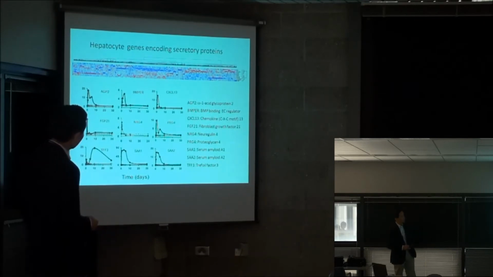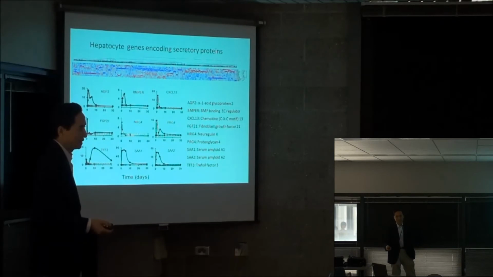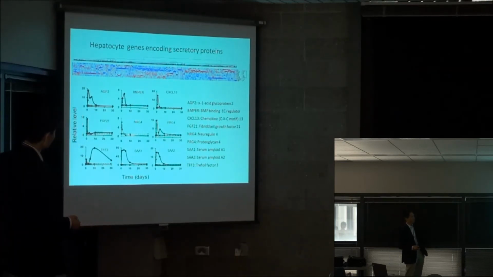So what we know about the functions of these proteins from literature is AGP2 is an acutely inflammatory protein involved in inflammation regulation, like when we cut our skin and get infection, AGP2 might be released from local cells and just mediate inflammation.